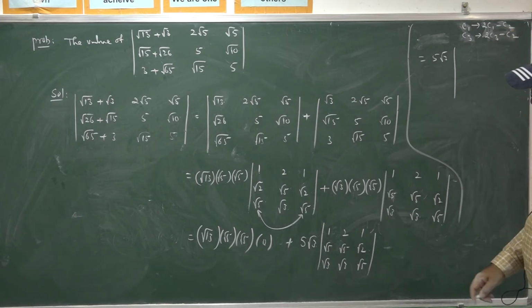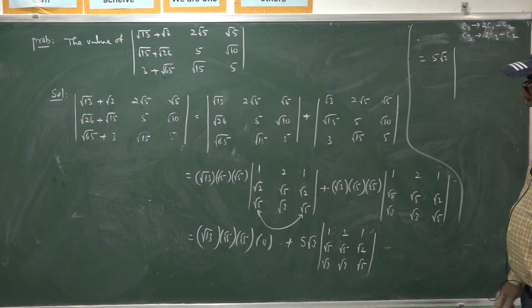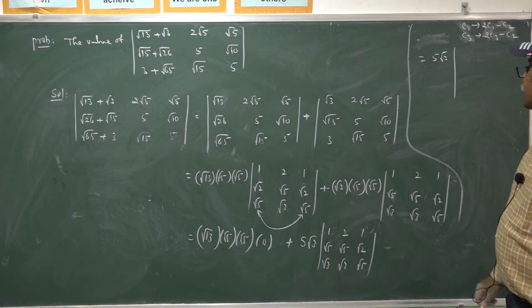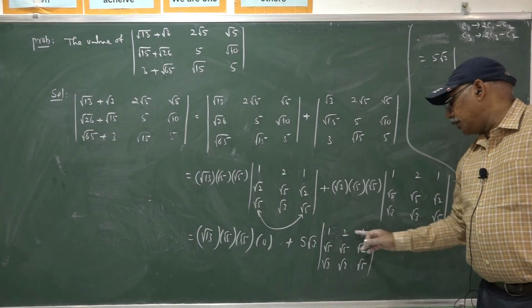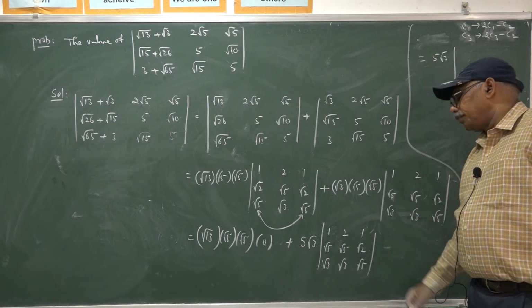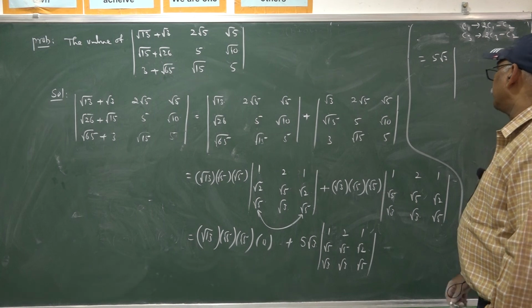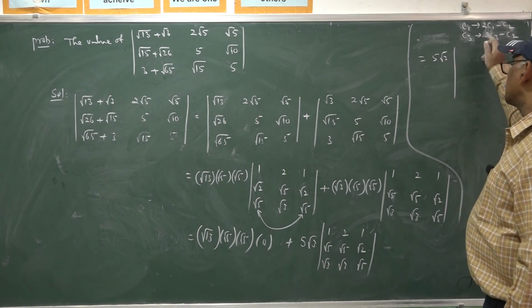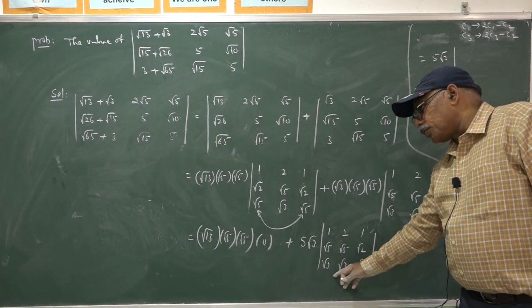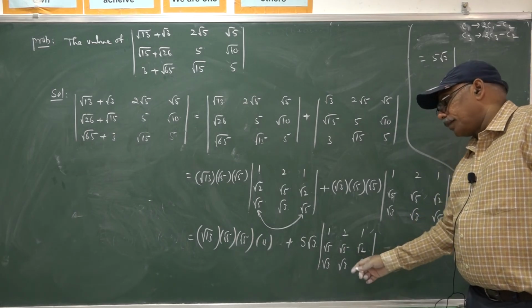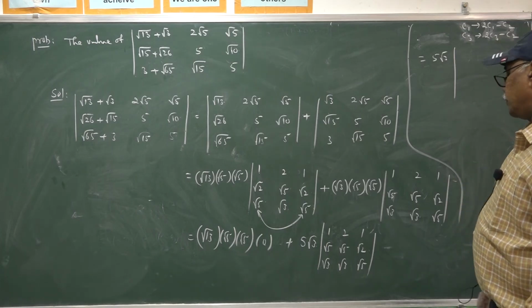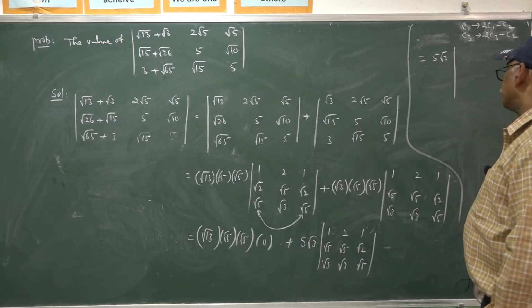Apply column-wise transformations to make these two positions zeros here. I am fixing this column and making these transformations to C1 minus C2. Multiply the first column elements with 2 and subtract the corresponding elements of C2.